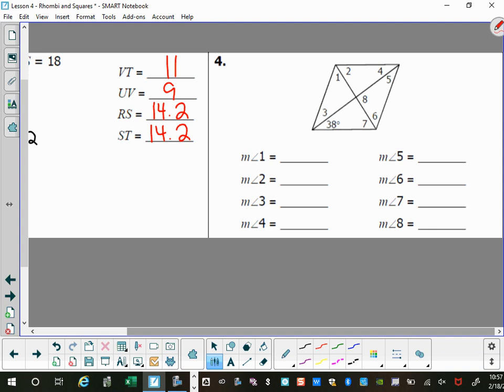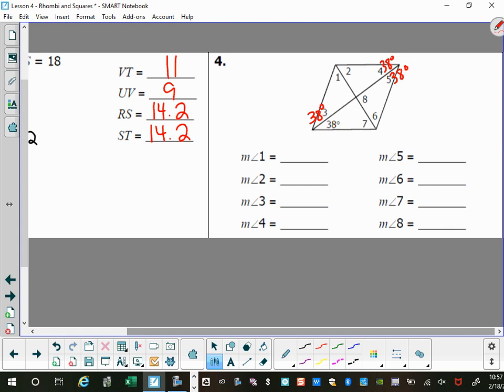So if this angle down here is 38, that's what they gave us, angle 3 is also going to be 38 degrees. And because opposite angles are congruent, what's 4 and 5 going to be? They're each going to be 38 degrees. Okay, so we at least already have 3 angles.